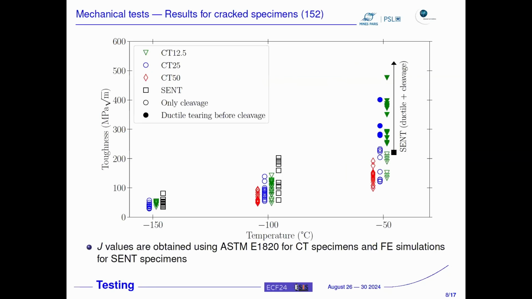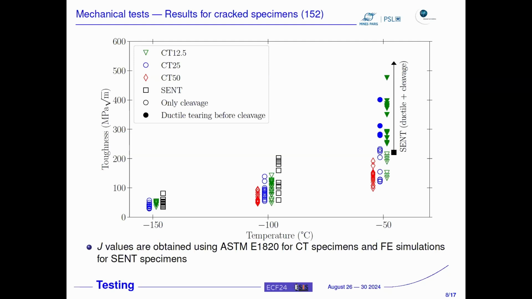So that's a fairly busy plot where we gather all our experiments. We have about 150 tests, so that's a lot. So here you have the three test temperatures. Each symbol, with a shape and a color, represents a different specimen. And here, for instance, at -150, we have the CT25, CT12.5, and here the SENT.